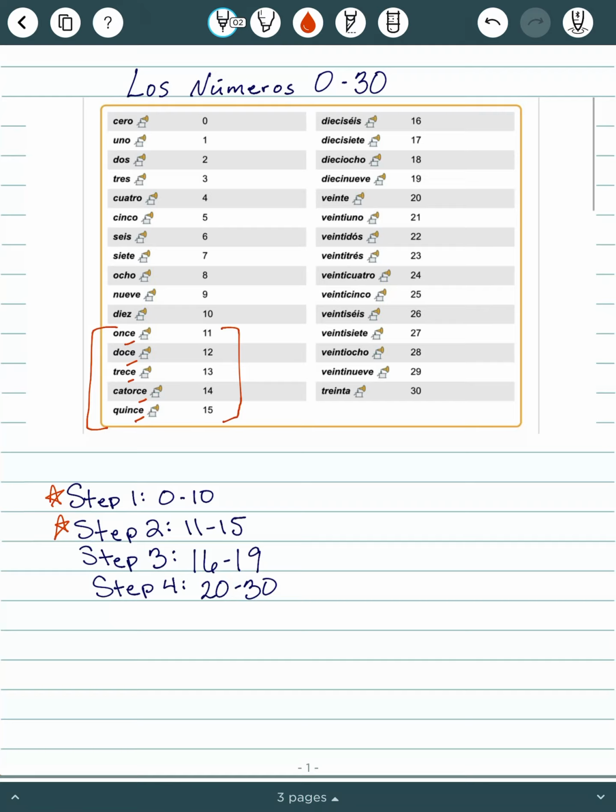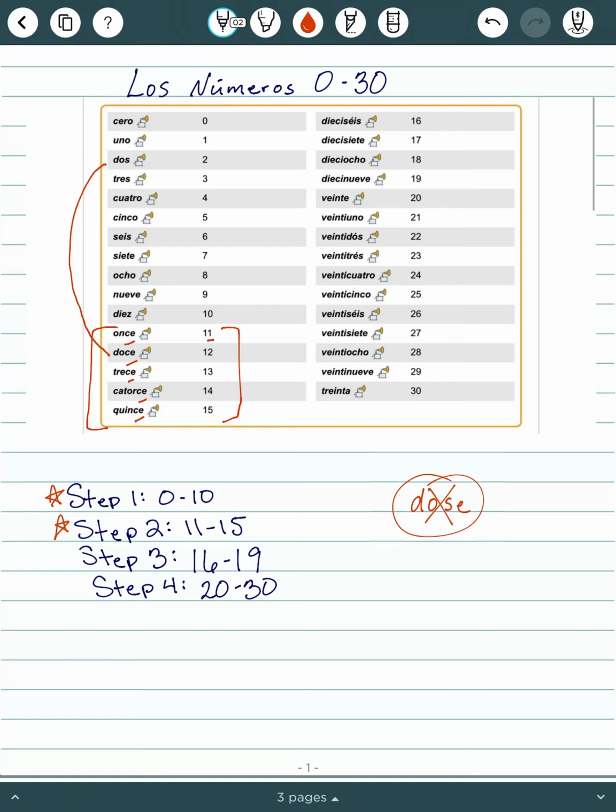So 11 looks like uno, so it makes sense that it would have a 1 in it. 12, if you already know your single digit numbers, then you know dos is 2, and dos and doce are very similar. Now, one thing to be careful of there, dose is not a word in Spanish. So if you write that down, I don't know if you mean dos or doce, so be really careful there.